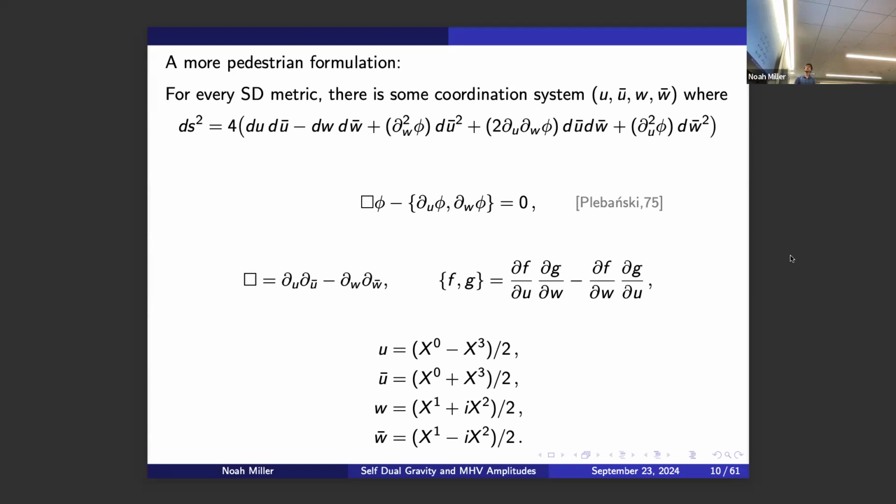Now, this is a strange sort of parameterization of the metric, but it's really not so strange because you can show quite simply that this metric is in a nonlinear transverse traceless gauge. So if h is the metric perturbation to flat space, it's traceless, and it's also transverse. So this is a convenient parameterization for discussing scattering.